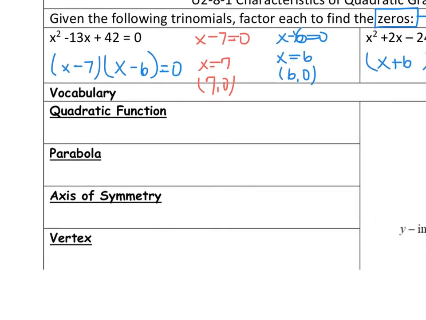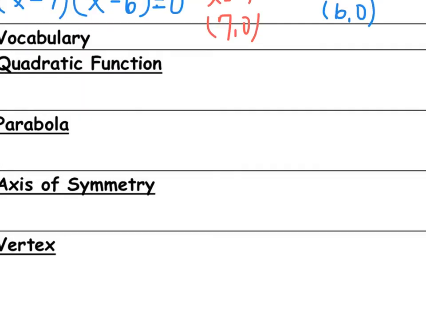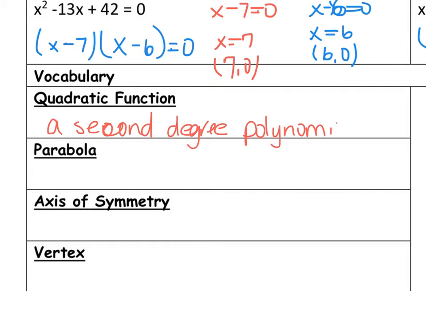So let's go over some vocabulary real quick. What is a quadratic function? A quadratic function is a second degree polynomial, and that means our highest degree is x squared.